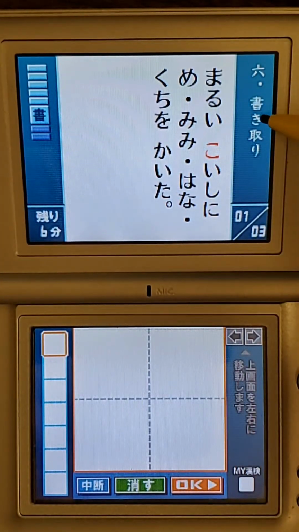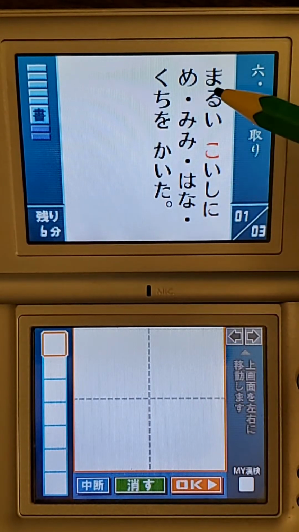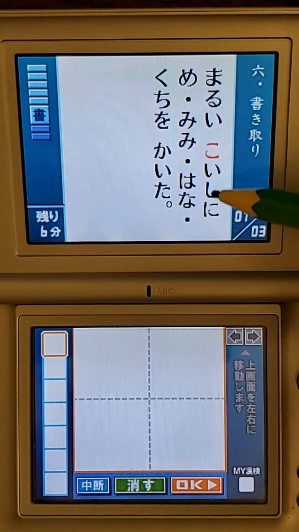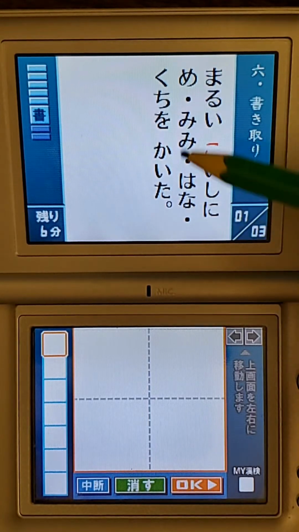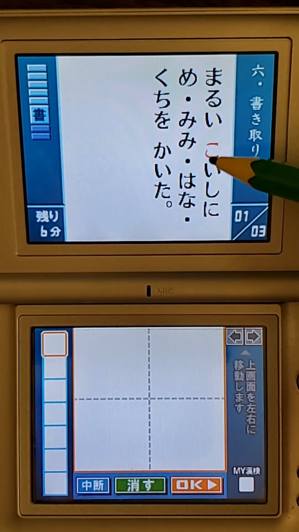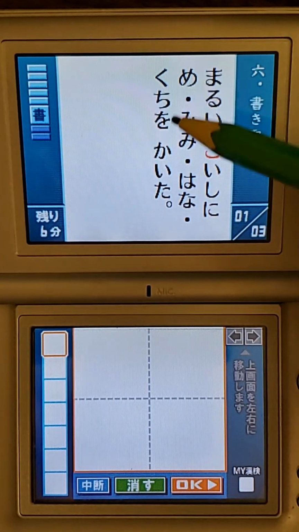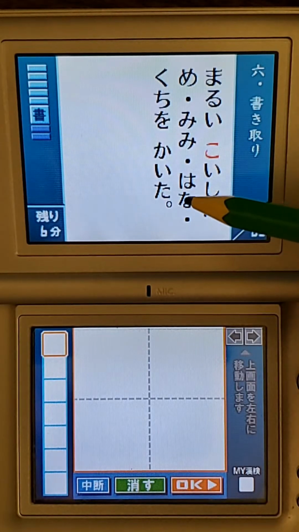So this is Kakitori, so we got to write the kanji. Marui Koishi, so round, small rock. What? Koishi ni mei, mimi, hana, kuchi o kaita. So on the small rock, I wrote kaita, eyes, ears, nose, and mouth.